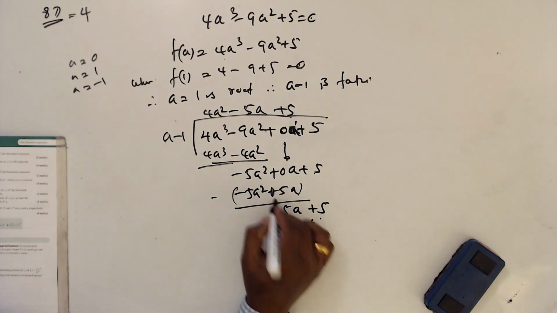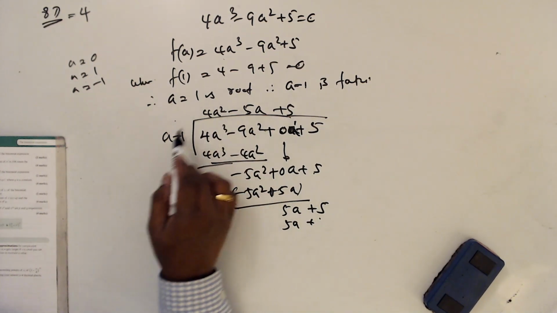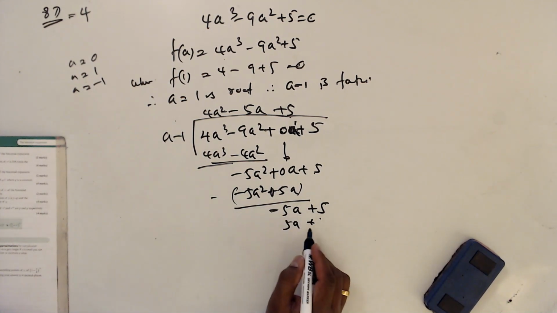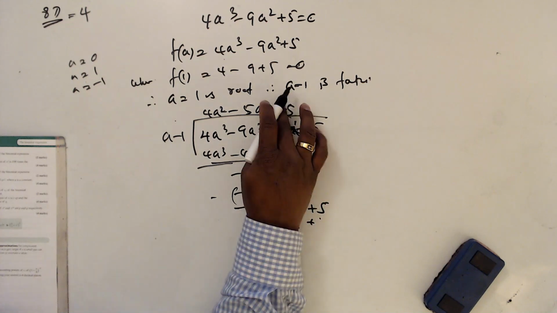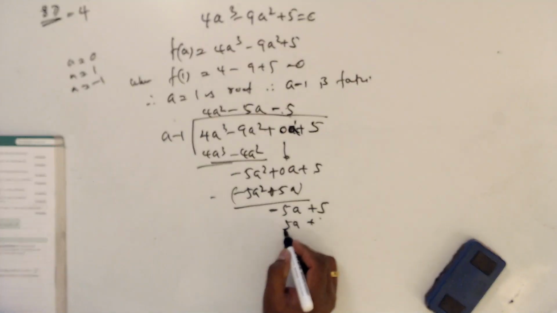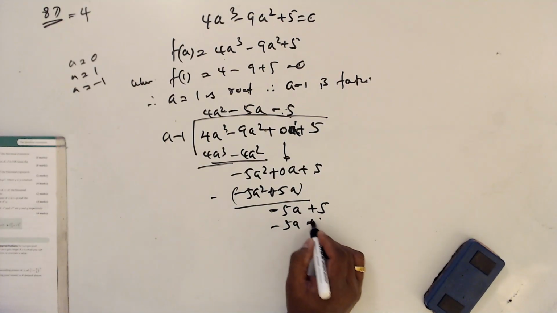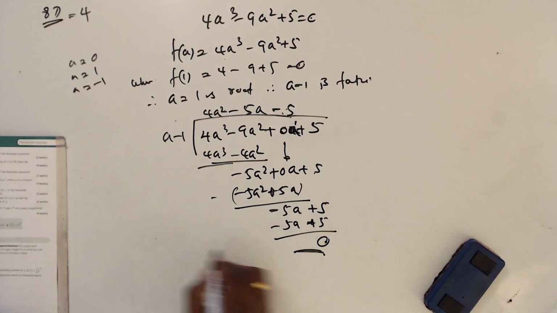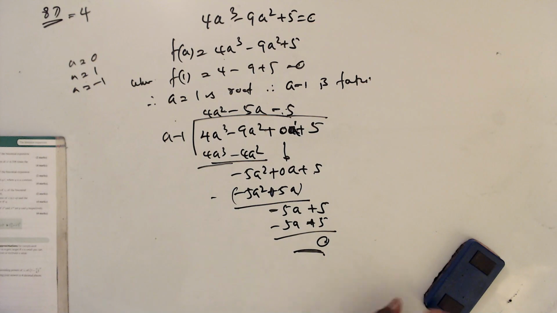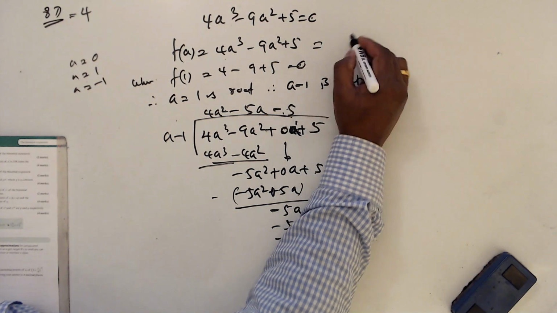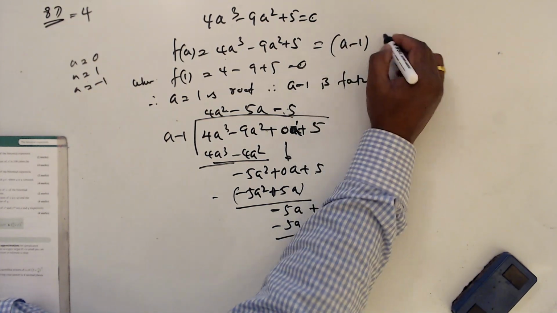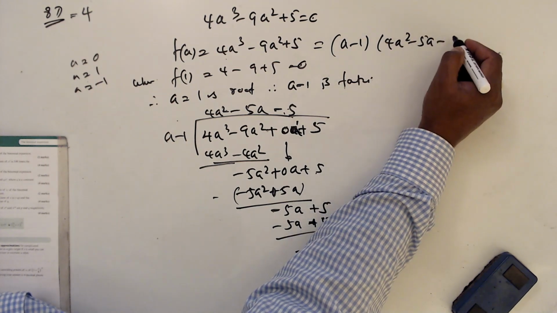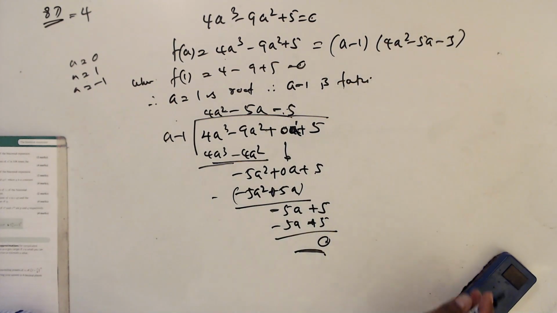This is plus 5 because minus times minus. And now this is minus 5a. Then I have to bring minus 5. This is minus 5a plus 5. Answer is 0.